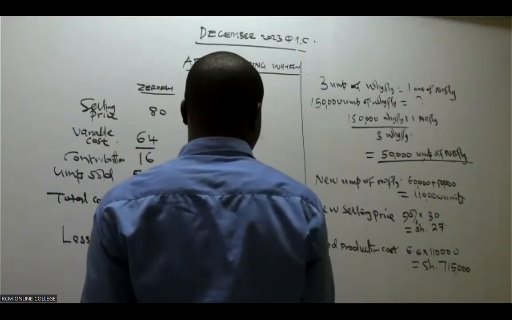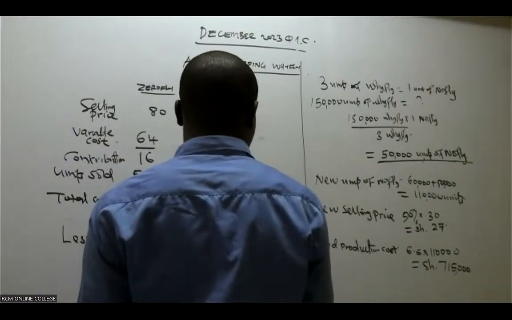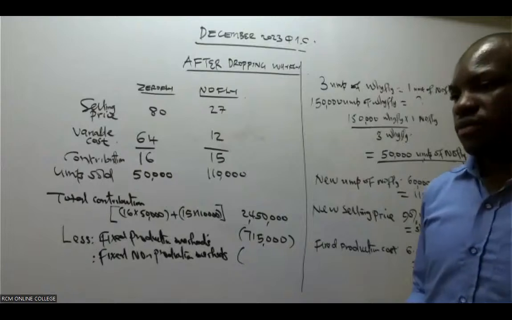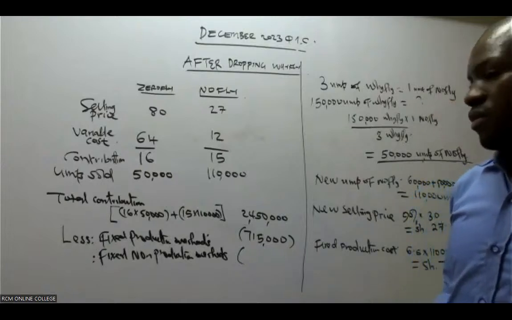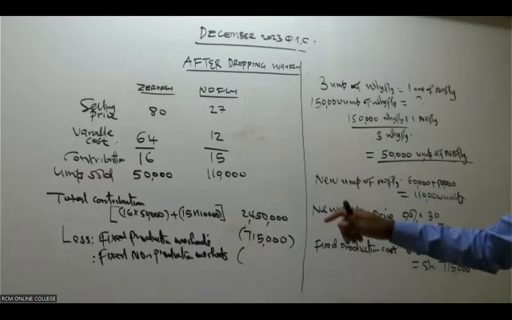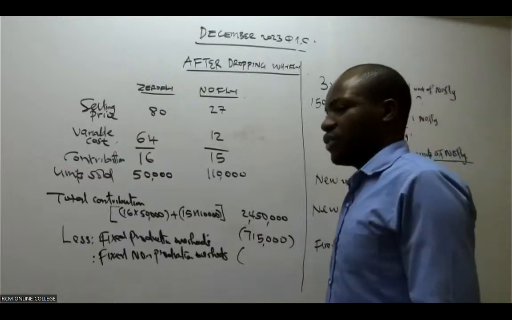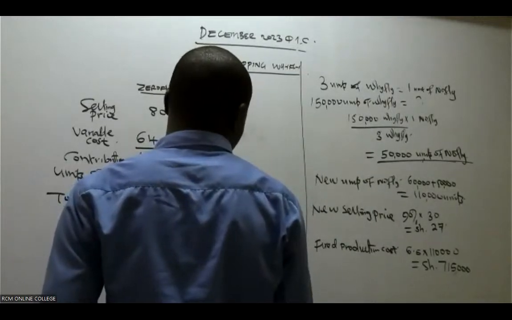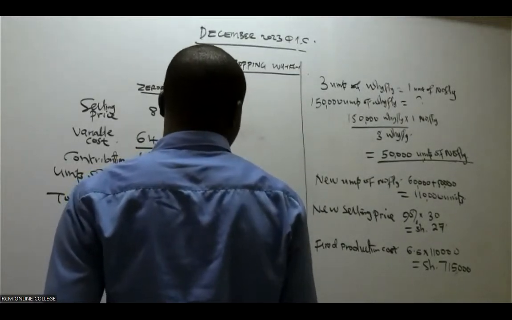How about fixed non-production? What is our fixed non-production cost? Do we have it anywhere? You are able to calculate it in the first part of this question, which gives you 1690.